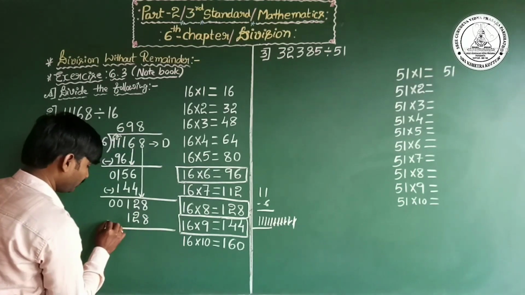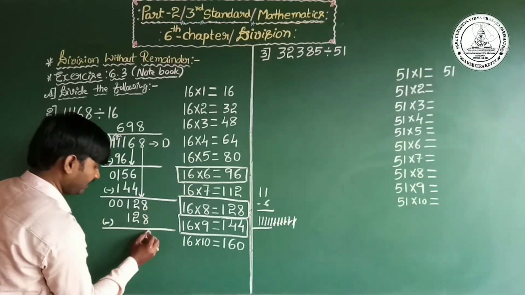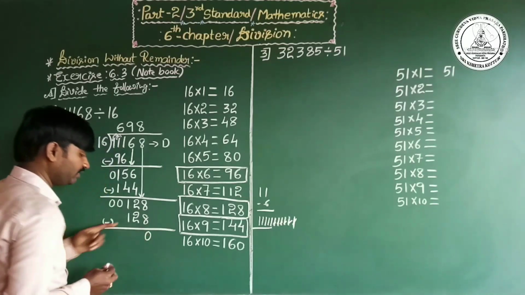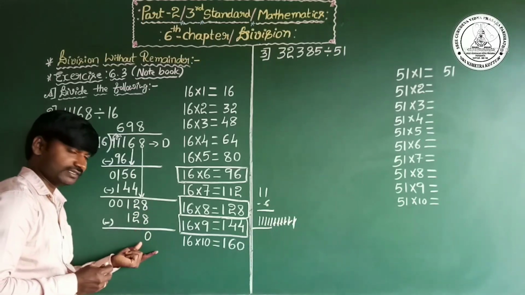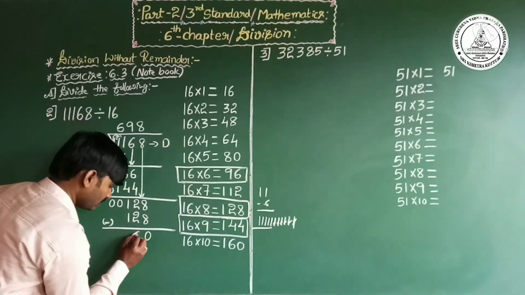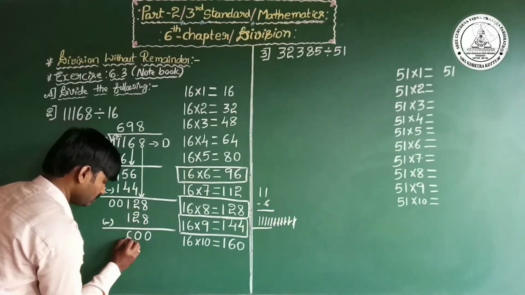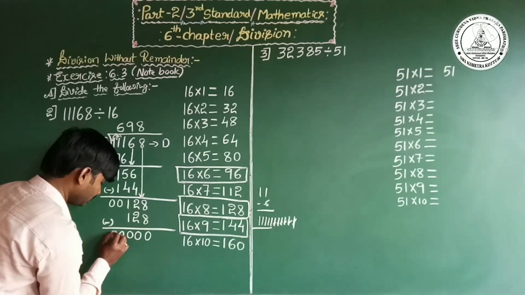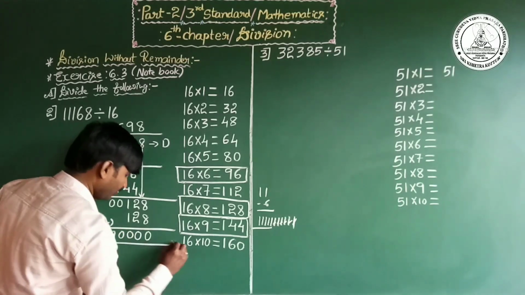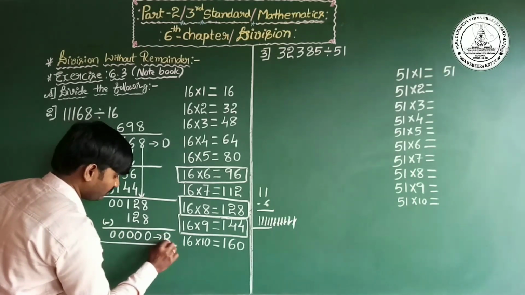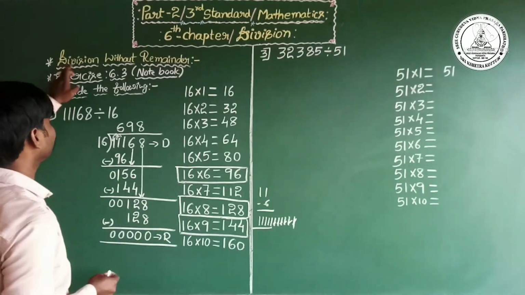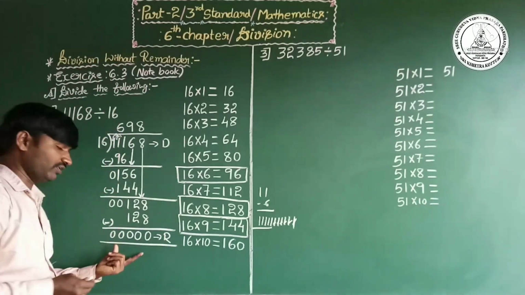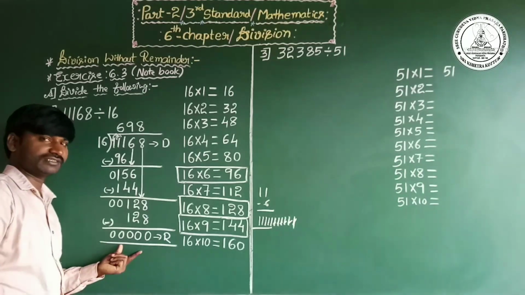Now you subtract these numbers. 8 minus 8, 0. 2 minus 2, 0. 1 minus 1, 0. This 0 you write right here. This we call remainder, or 0. It means division without remainder. Here no remainder, we get 0.